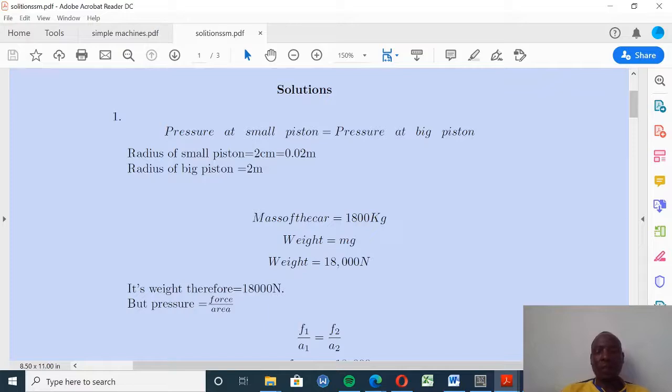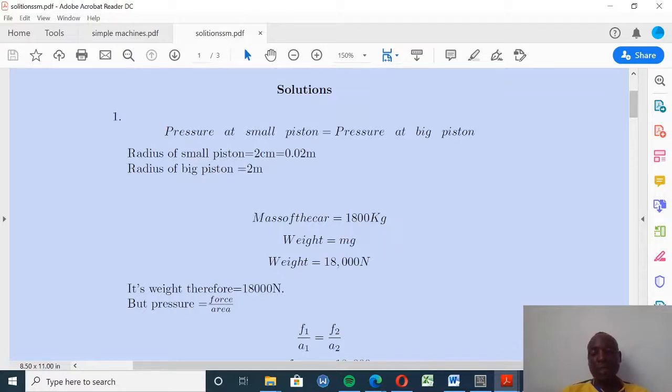This is Pascal's principle of transmission of pressure. We have two pistons here, a small piston and a big piston. They've given us the radius of each: the small piston has a radius of 2 centimeters and the big piston has a radius of 2 meters.